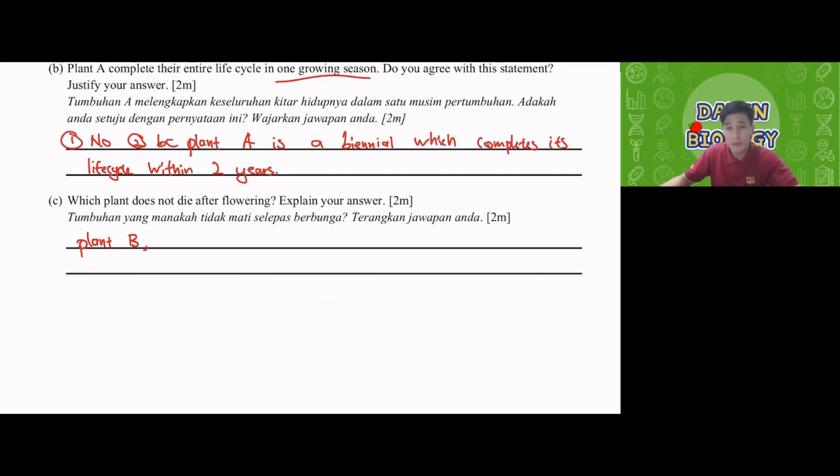So you can say that plant B has a longer lifespan, which is more than 2 years. We know that. So which means it can produce flower, fruit, seed many times, right? Like durian tree, every season one durian, next season another durian.